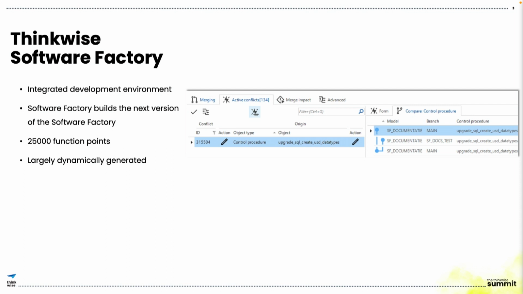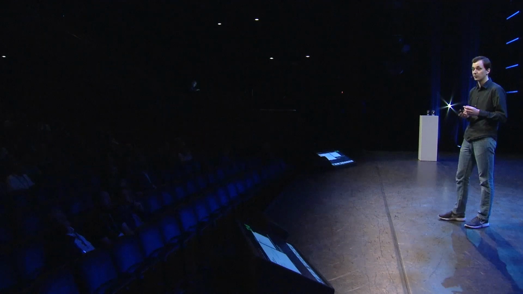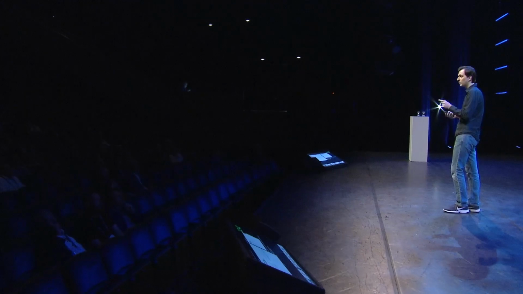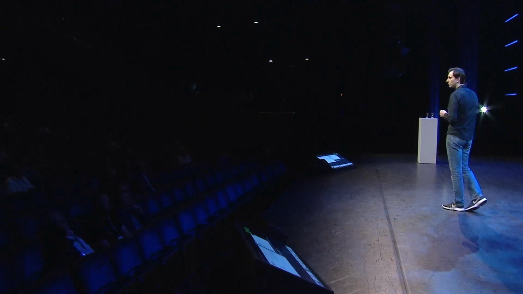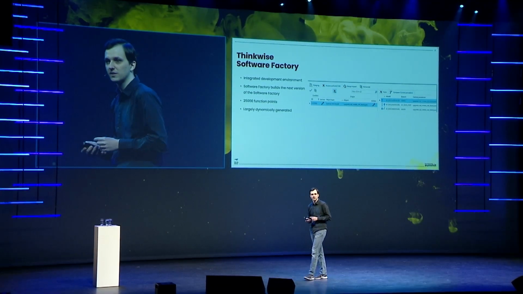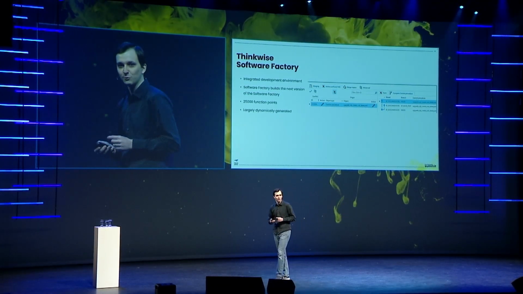So if there is something that we need to change, say we want to change the color of an icon, we can do that in one place. And it will update all of the 250 different screens behind it. And that makes working on the software factory so fun. I only need to change one thing, and the whole process benefits from that.